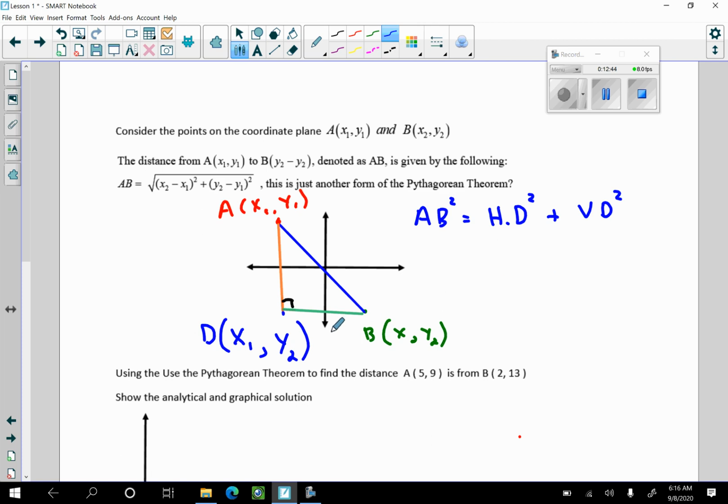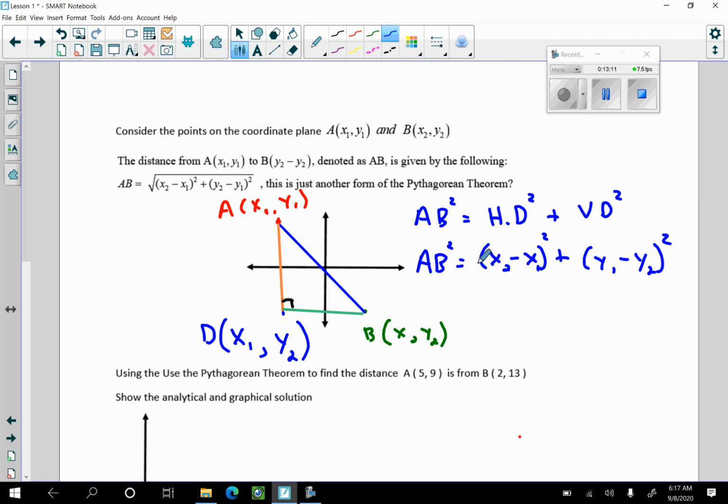So what is the horizontal distance? The horizontal distance is going to be x sub 2 minus x sub 1. Square that. Plus the vertical distance is going to be top minus bottom, y sub 1 minus y sub 2 squared. And that's what AB squared is going to be.